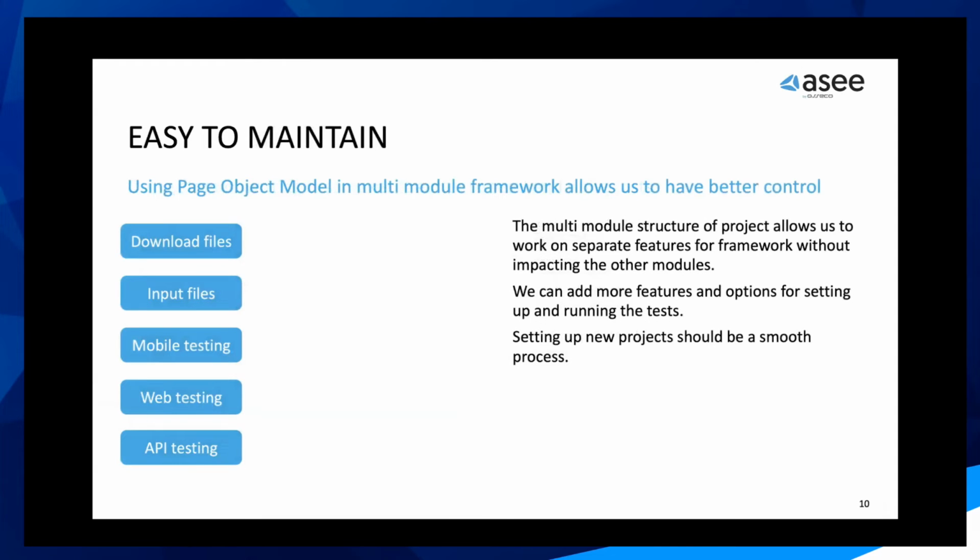So it's easy to maintain. How is it easy to maintain? We separated our framework into different parts. We are using the page object model, which is only in the testing modules. With that, we can easily work on and change different parts without affecting the tests themselves.